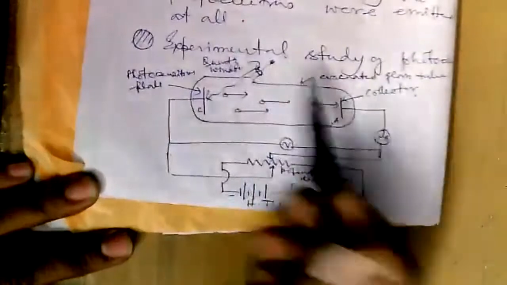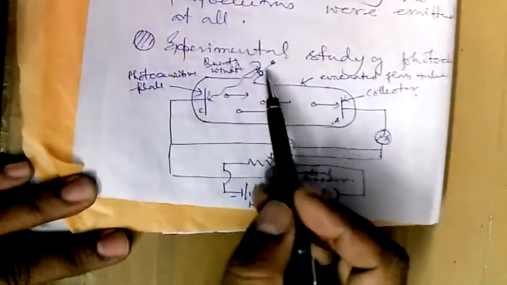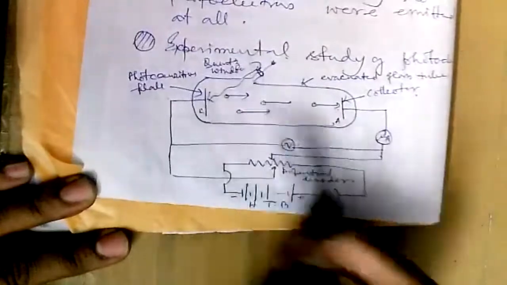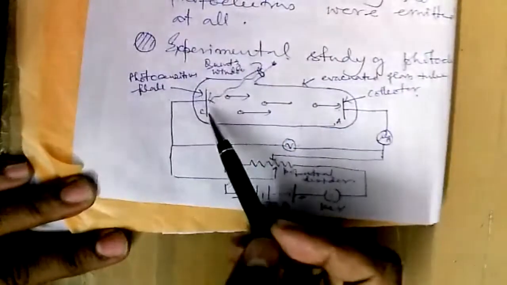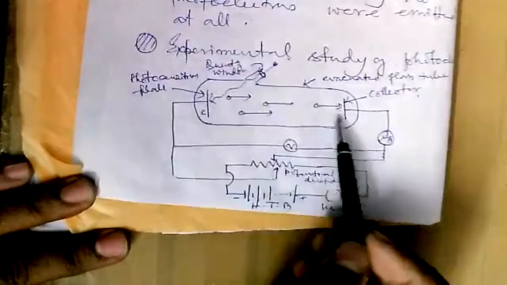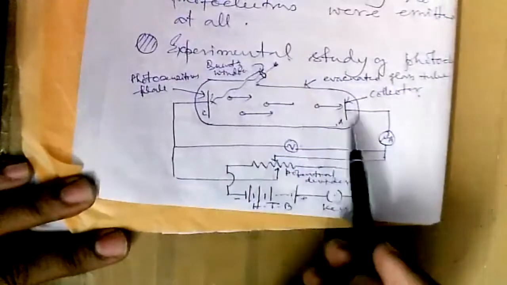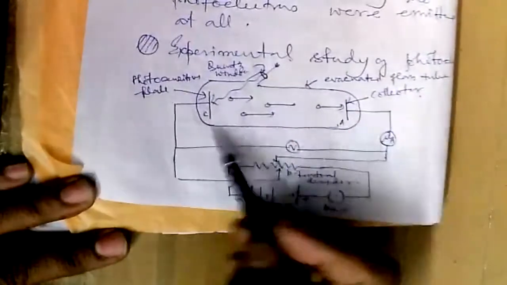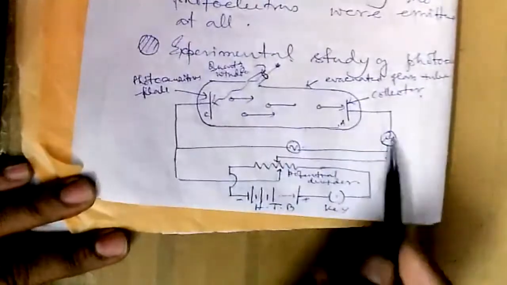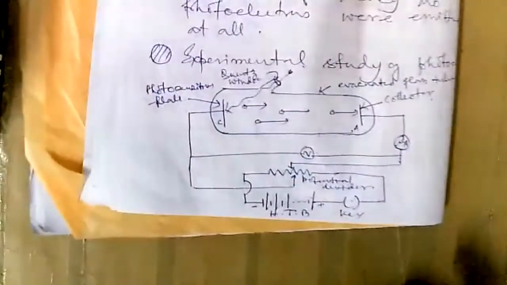They used this type of setup. This is a glass bulb with a quartz window. This is the cathode. This is the anode. When light of suitable frequency is incident on the cathode, some electrons will come out, and this anode is at some higher potential using this potential divider circuit, so that the electrons will be accelerated towards the anode, and we will register some current, and the voltage will be measured with this voltmeter V.